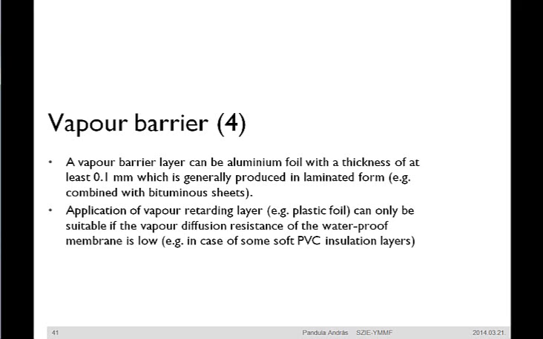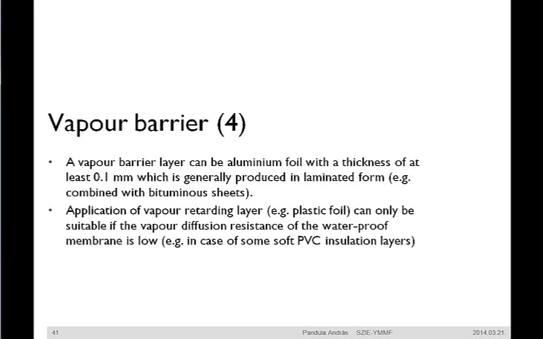Application of vapor retarding layer, which could be a plastic foil, can be only suitable if vapor diffusion resistance of the waterproof membrane is low, so we could apply it only in such cases when we have soft PVC insulation layer or EPDM as a waterproof membrane.